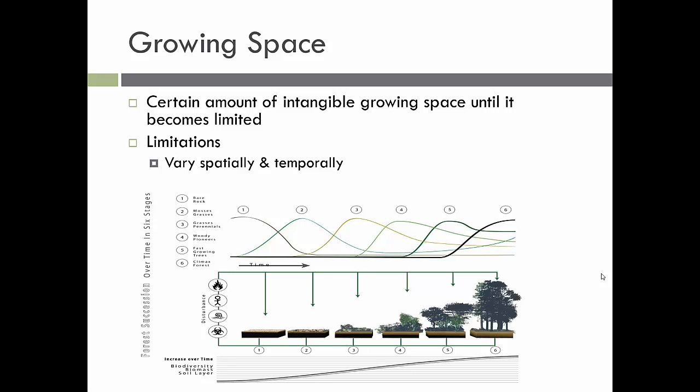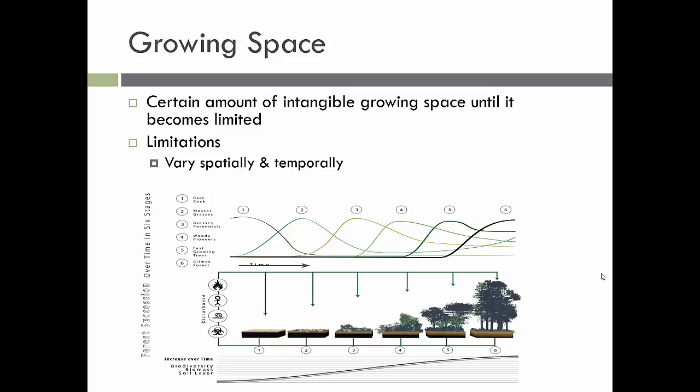This concept serves as part of the foundation for how we talk about managing forests, how we talk about silviculture. We're talking about how we manage our growing space, so we'll continually talk about this.